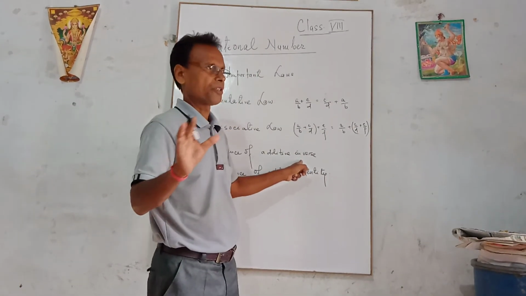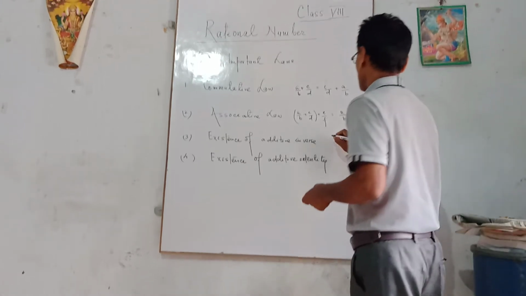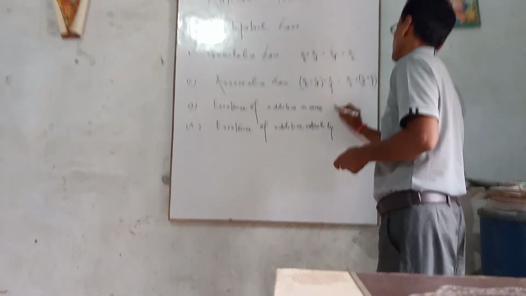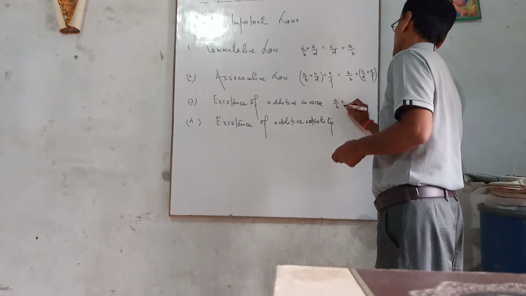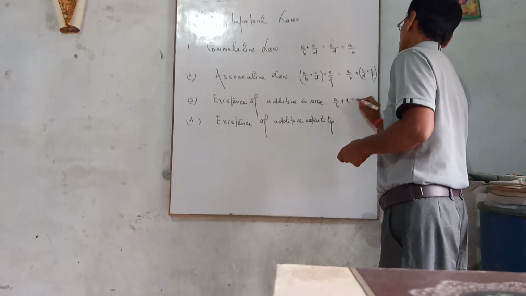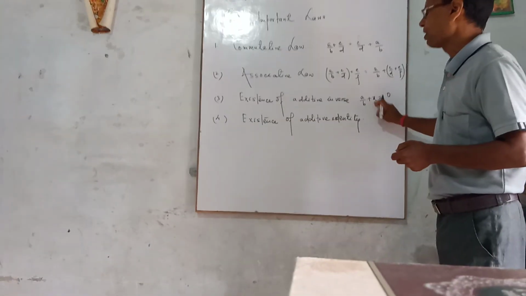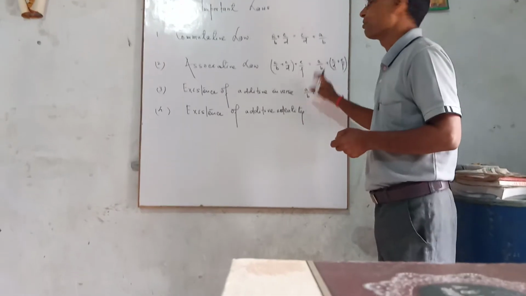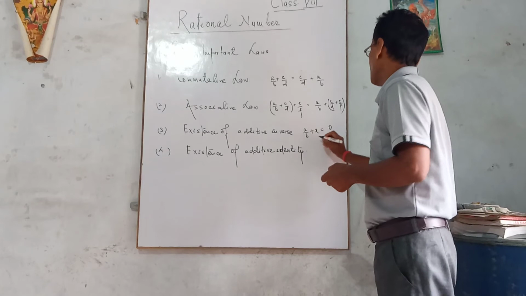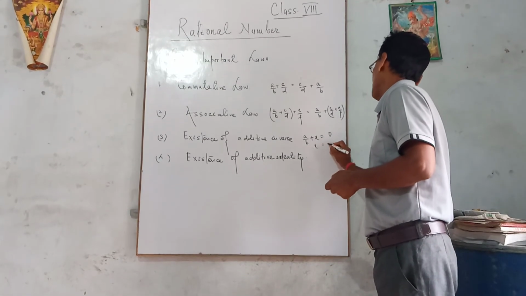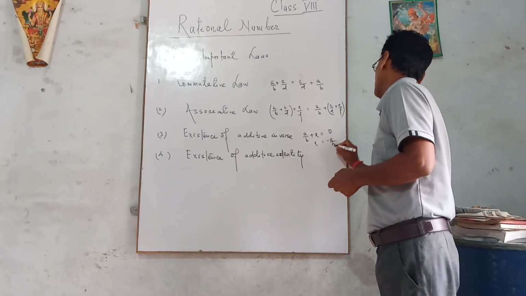For example, if I write a rational number a upon b plus x, which gives the result 0, then x will be called the additive inverse, and the value of x will be minus a upon b.